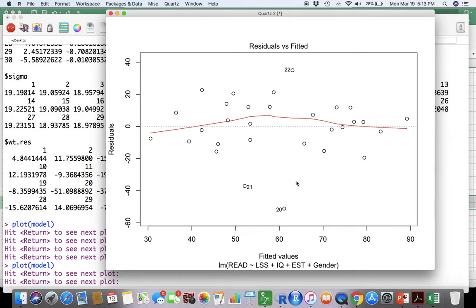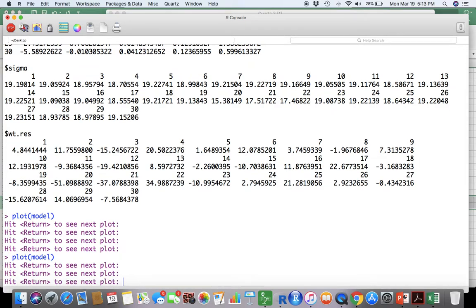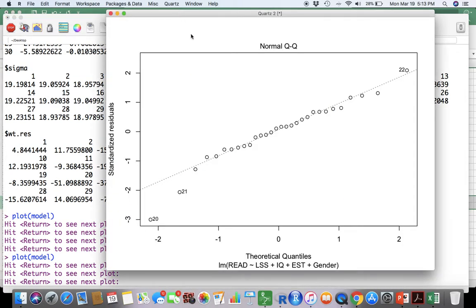So again, the influential statistics that I'm showing you right now look at the cases. So guys, next thing, let's go on to the final one, the fourth one. And this is the normal QQ plot. This assesses normality. And this line right here is, think of it as, the y equal x line.